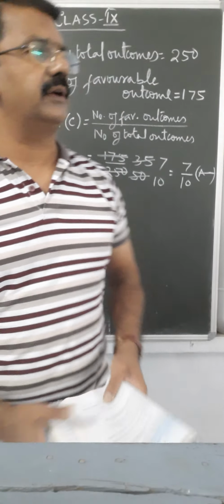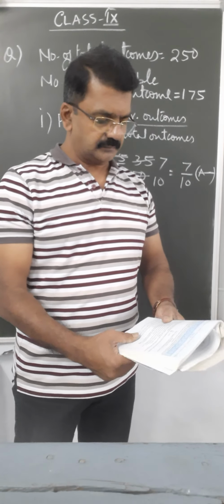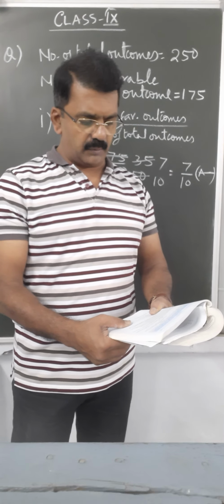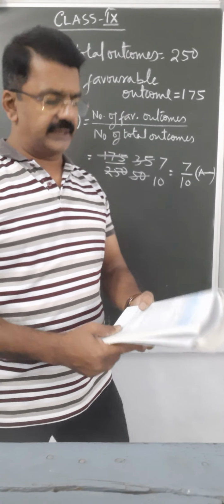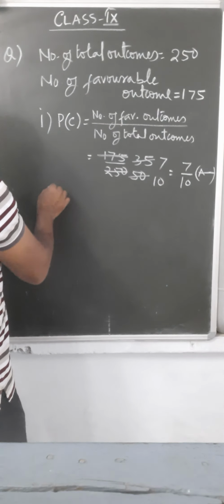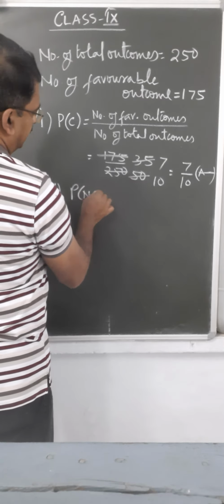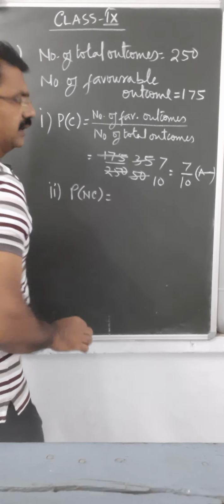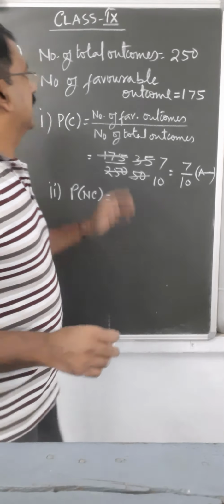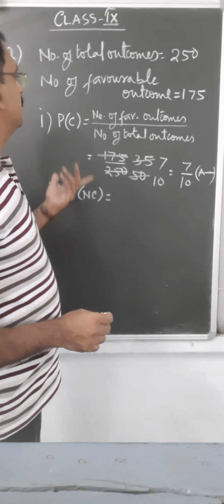Now the second part of the question says, what is the probability that the forecast was not correct on a given day? First of all, the formula remains the same.